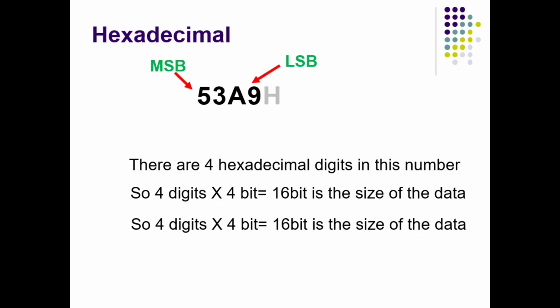Every digit is 4 bits in binary. So 4 into 4, 16 bits. That hexadecimal number 53A9 can be written in binary using 16 bits. So the size of this data is 16 bits. Calculating the size of a hexadecimal number using the trick that every digit is 4 bits in binary is very important, so that whenever there is a hexadecimal number, we can identify how much space it occupies in the memory.